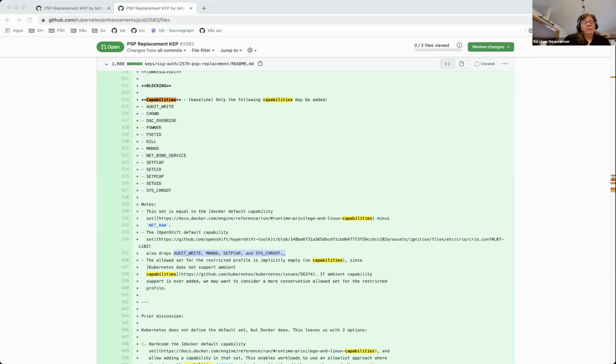If you say nothing, adding. Well, isn't this the set of defaults? Yeah. Right. Well, no, I thought the proposal was to allow for the restricted one, they could add some capabilities. And the ones they could add are the default ones they already have, in order to enable writing a YAML that says drop all, re-add the defaults, in order to make the defaults explicit. So whether you're truly adding anything is kind of a semantic question at that point.